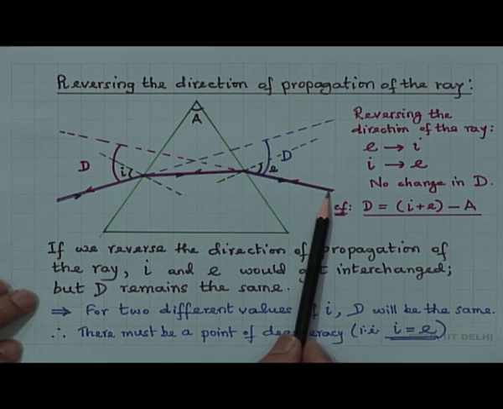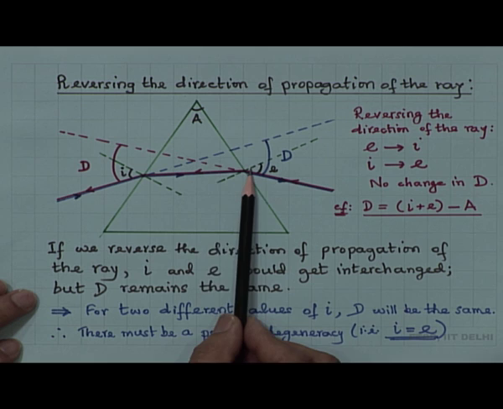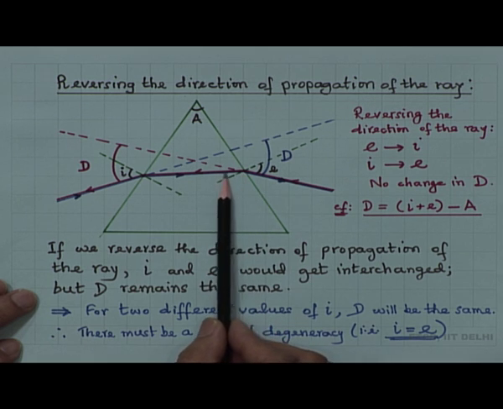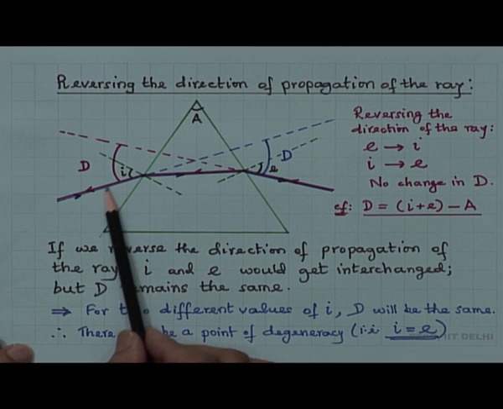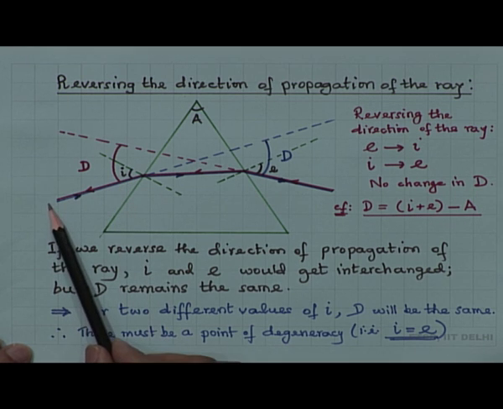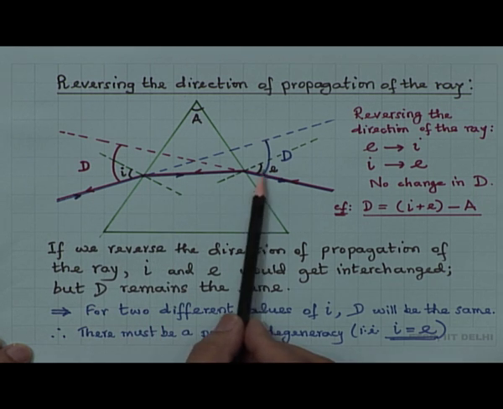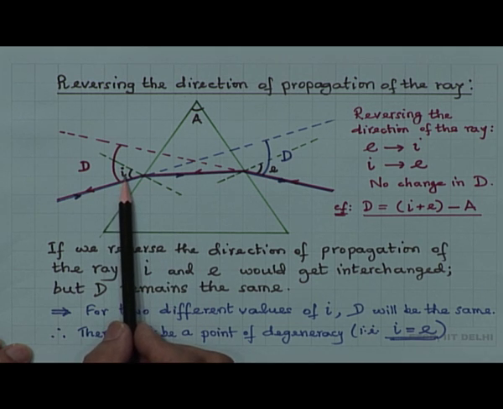If this would have been the incident angle, then at this point again Snell's law would be satisfied, and the ray would follow the same path, and then it will again satisfy Snell's law and follow the same path here, which means if I is the angle of incidence when the incident ray is from here, then E would have been the angle of emergence. However, if the ray were to be incident from here at an angle E, then I would be the angle of emergence.